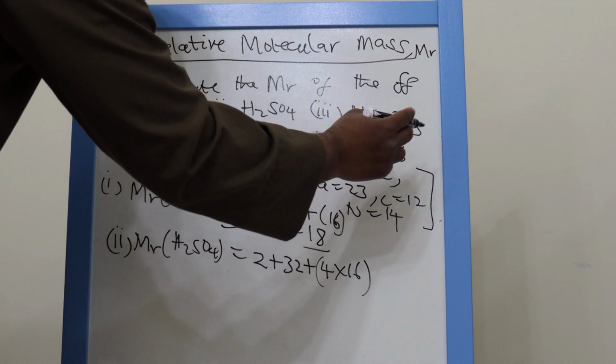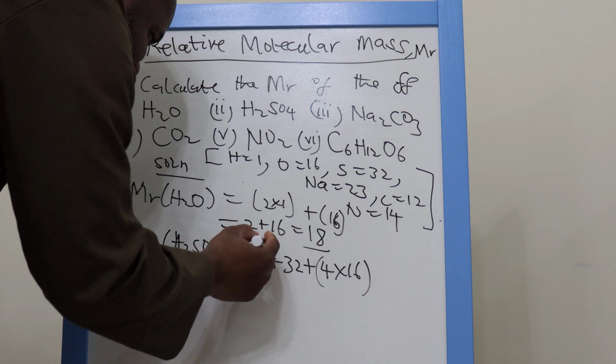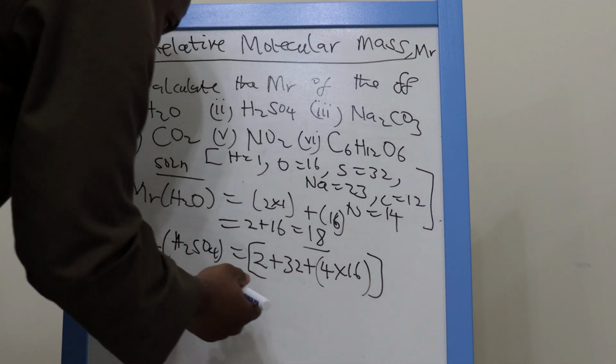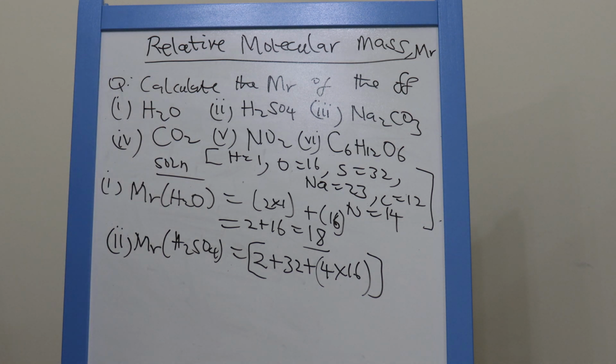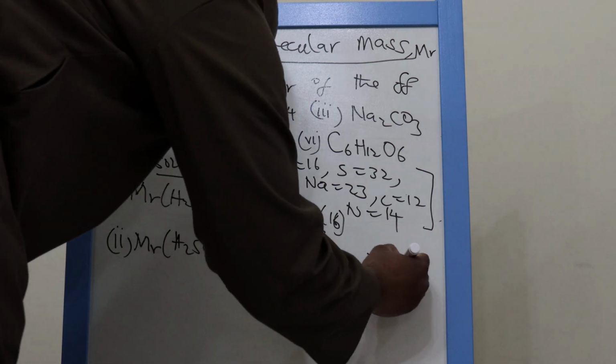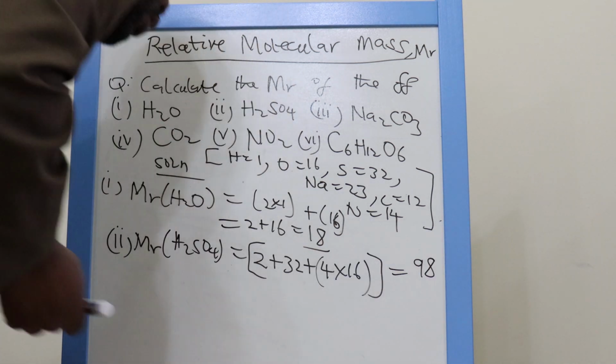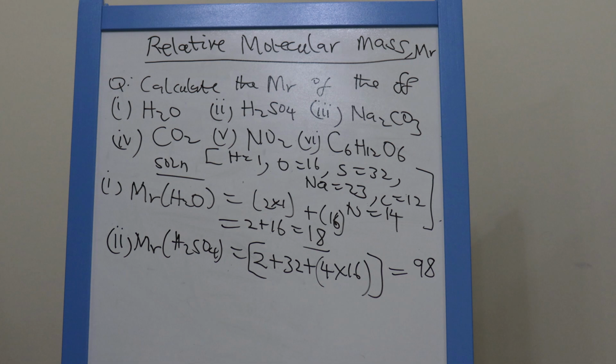Remember, oxygen is 16, so 4 times 16. The answer, I think, is 98. You can use your calculator to confirm or deny it. Using your calculators, it is 98. Okay, so let's go to the next one.